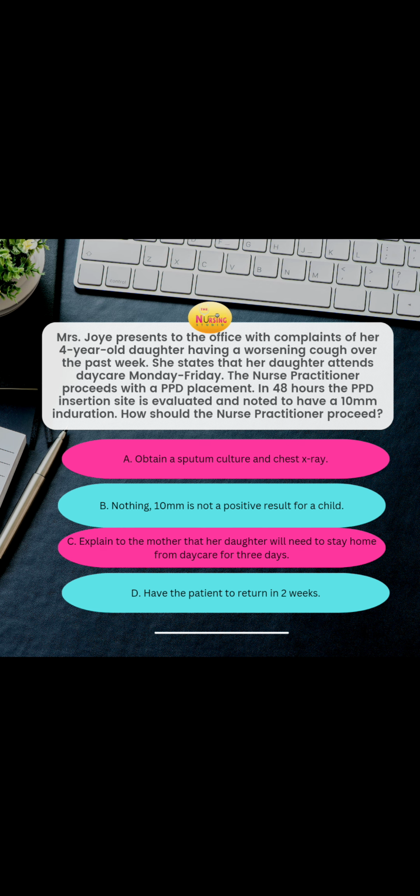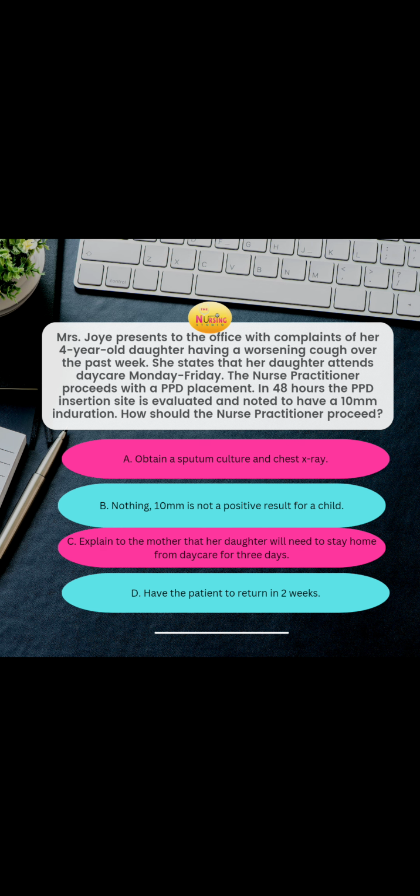Okay. What you got? Is it A, obtain the sputum culture and chest x-ray? B, nothing. A 10 millimeter induration is not a positive result for a child. C, explain to the mother that her daughter will need to stay home from daycare for 3 days. Or D, have the patient return in 2 weeks.